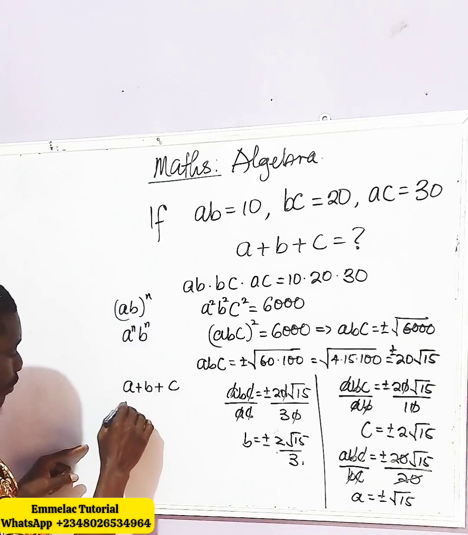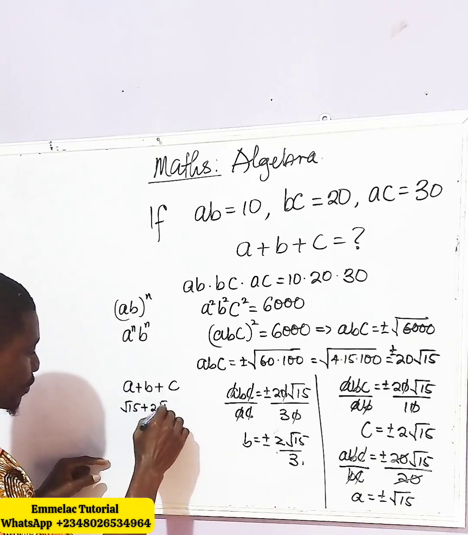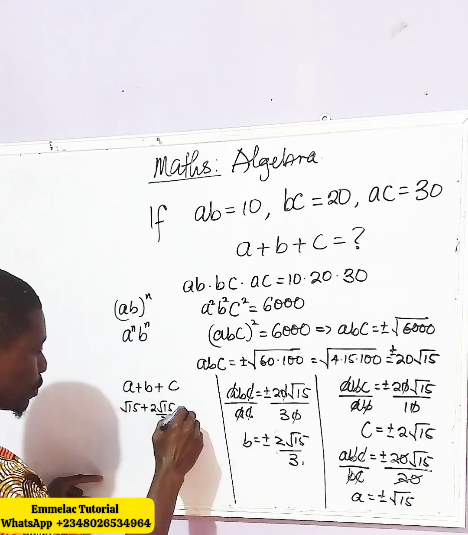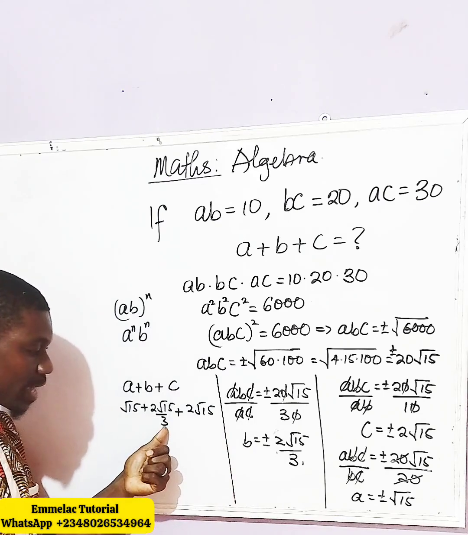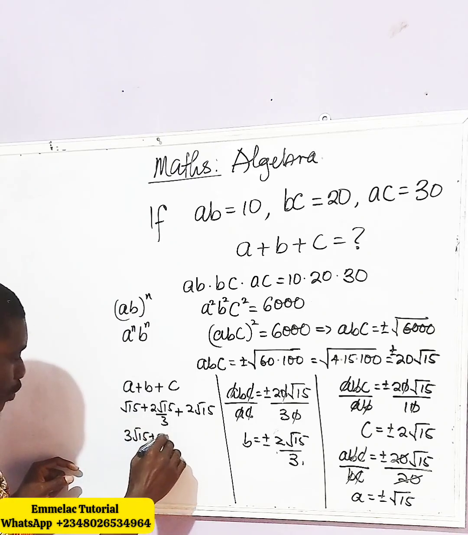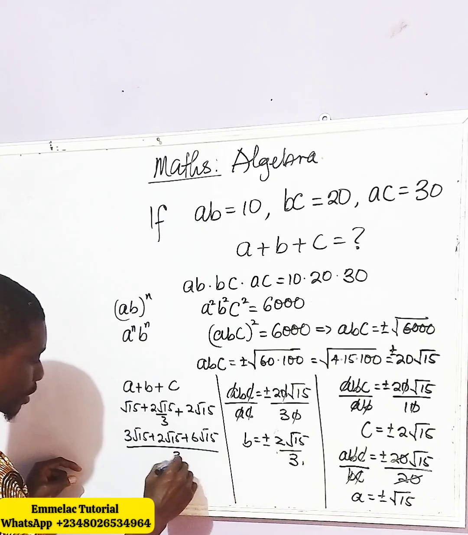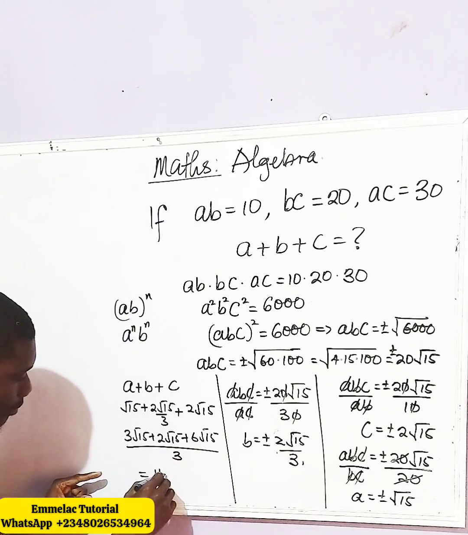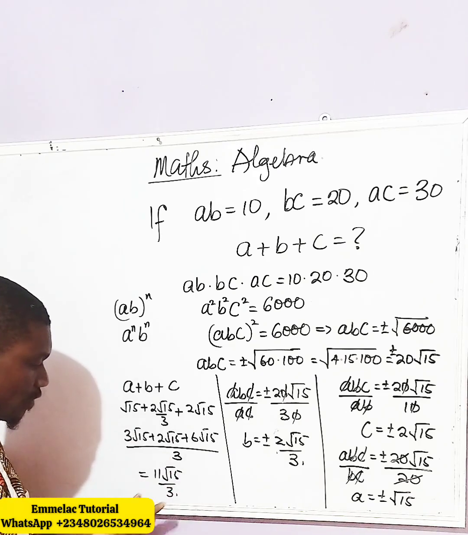We have A as root 15, plus B, which is 2 root 15 all over 3, plus C, which is 2 root 15. Now let us multiply all through by 3. You end up having 3 root 15, plus 2 root 15, plus 6 root 15, all over 3. Adding up all this gives us 11 root 15 all over 3. Now this is for the positive value.